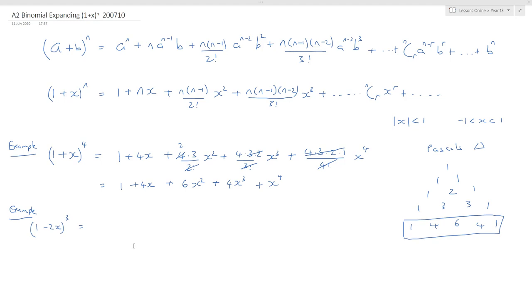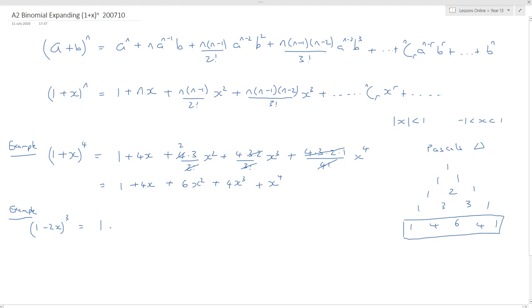Okay, so let's have a look at this example. Again, this is not a fractional or negative index, but it's a good one to practice on. So first, if we compare it to 1 plus x, the 1 stays the same, but instead of x we've got minus 2x, and instead of n we've got 3.